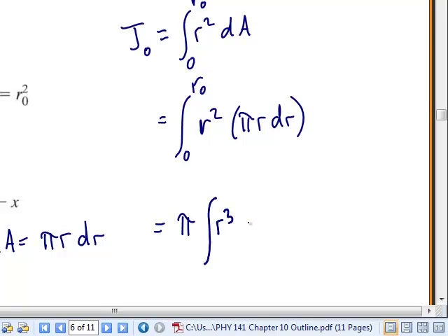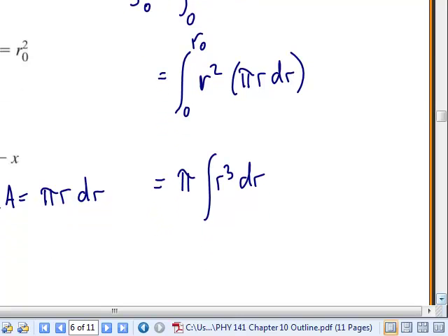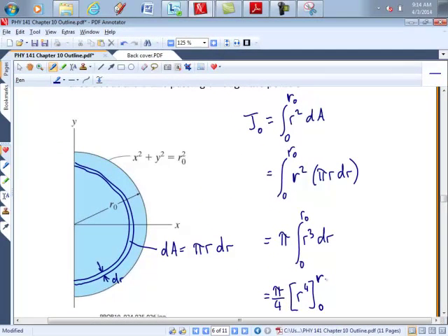Integral of r cubed dr. And what's the integral of r cubed dr? Pi over 4 r to the 4 between 0 and RO. Pi r to the 4 over 4. All right, that was easy.